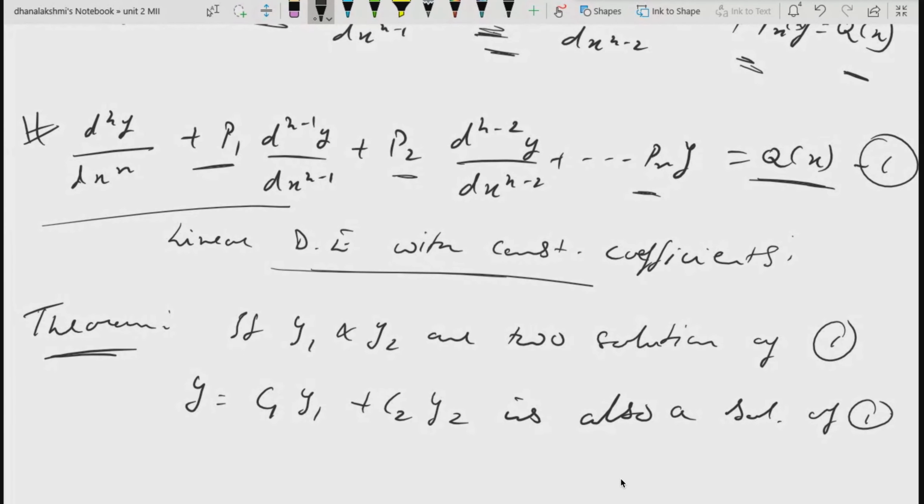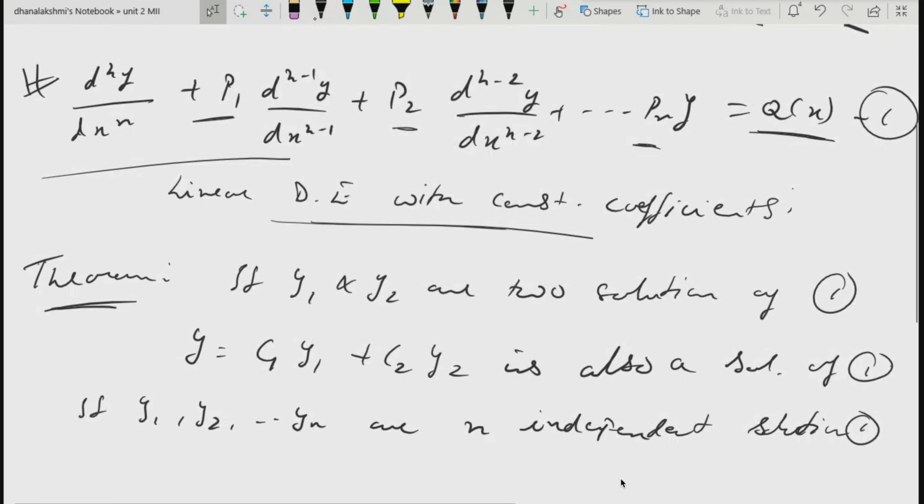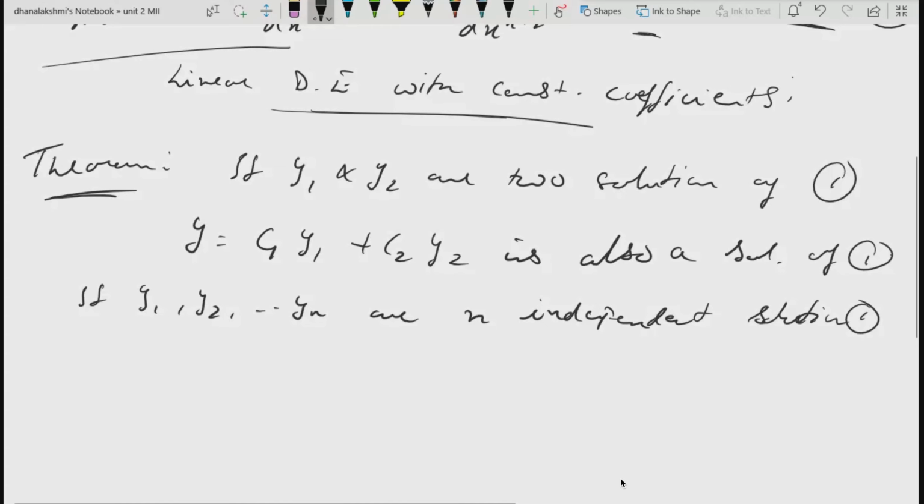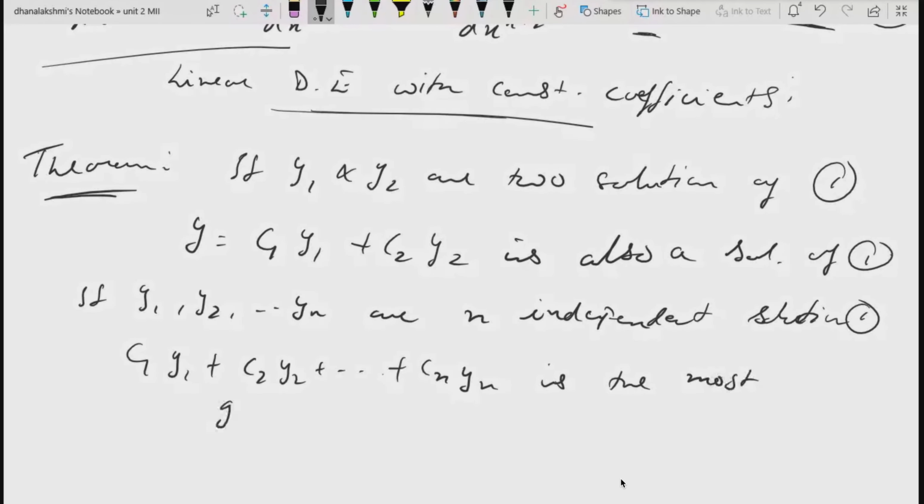Okay, so if I say y1, y2, ..., yn are n independent solutions of 1, then the linear combination C1y1 plus C2y2 and so on up to plus Cnyn is the most general solution of 1.